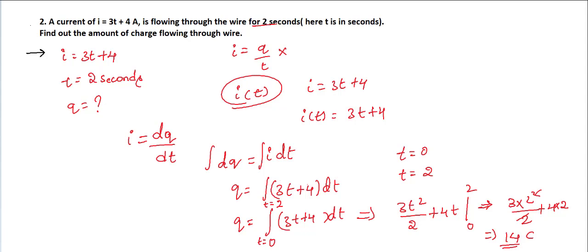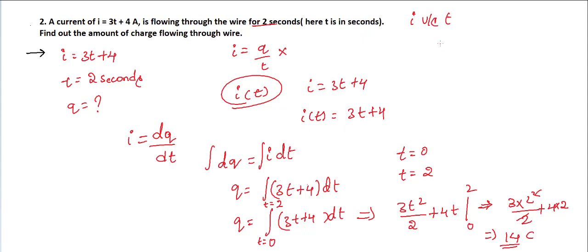This is the 14 coulomb you have got. So there is one more method you can use. Like I have told, the area under the I versus t graph gives you the total charge, the amount of charge that is flowing through a wire.